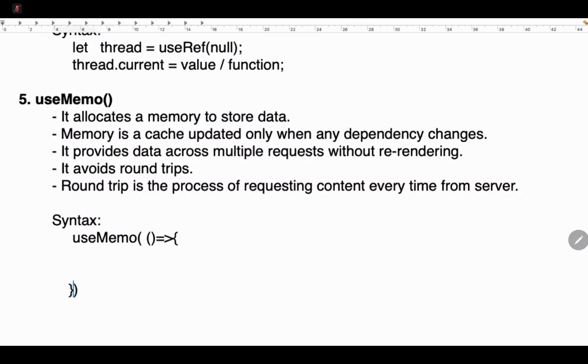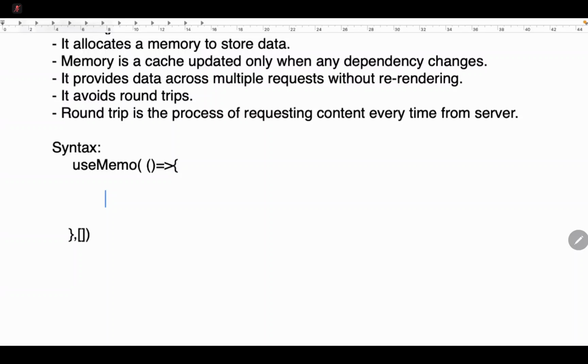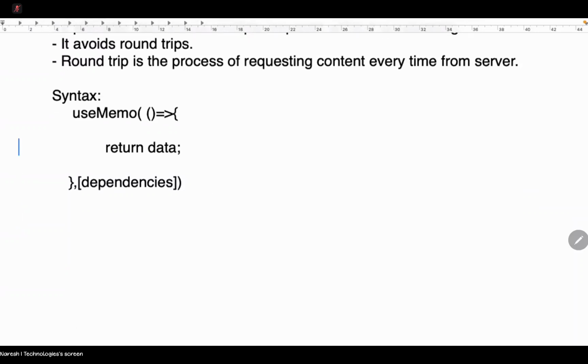What it is going to do is define and return some data, and it is going to have a dependency. And if it is returning the data, we can capture the returned data, where data is equal to useMemo.